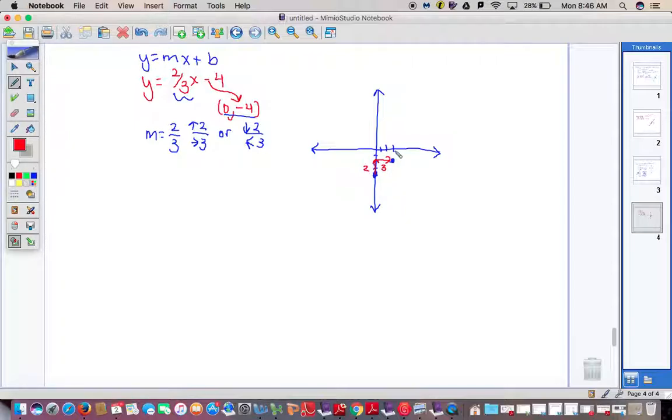And then we can go up 2 more and to the right 3 more to get this point. And then you would draw a straight line through these points. You want to make sure that you extend that line through the majority of your Cartesian plane, and then you need to add those arrows to each side of your line to indicate that it's actually a line and not a line segment.